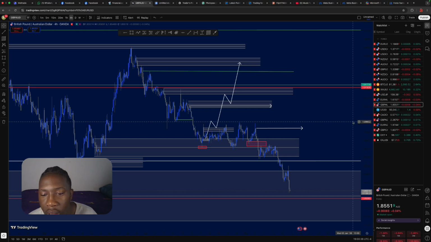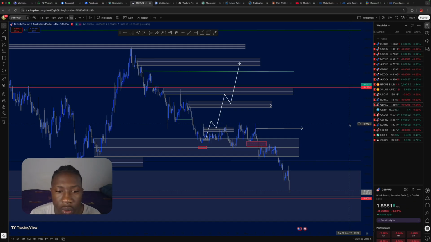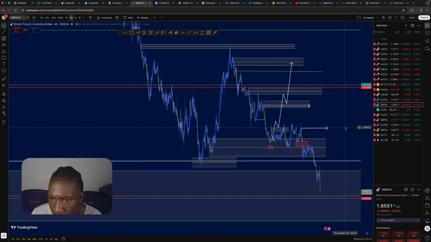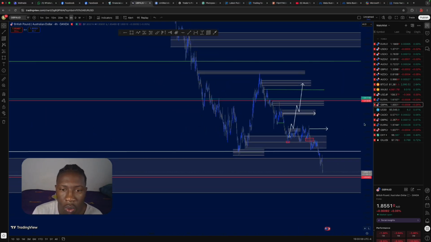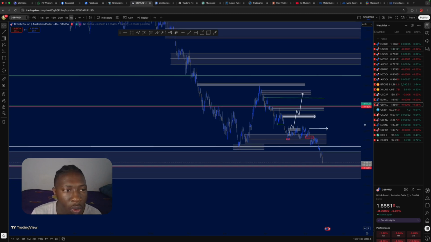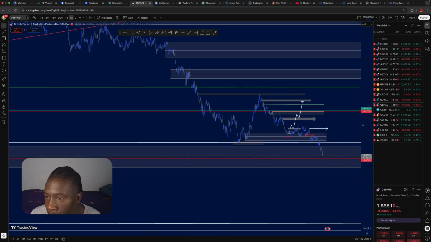But why are we not able to see this type of moves? We need to know what is happening. I don't know what the market is doing, or why it is moving so down like this.